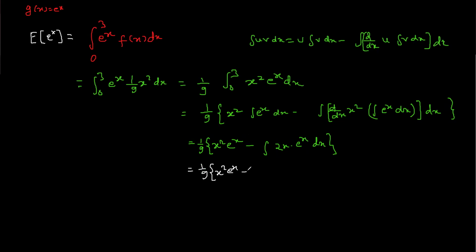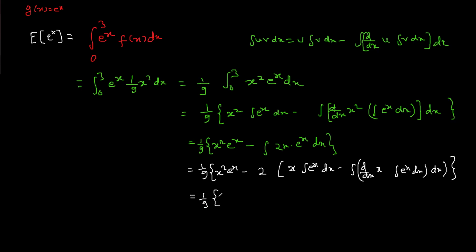I solve in brackets: u integration of v minus derivative of u integration of v, whole integration. 1 by 9 times x square e to the x, minus 2x integration of e to the x is e to the x, minus minus plus 2, derivative of x is 1.